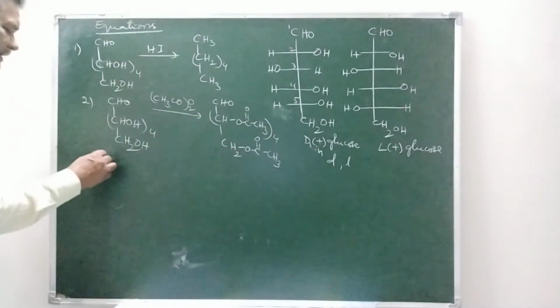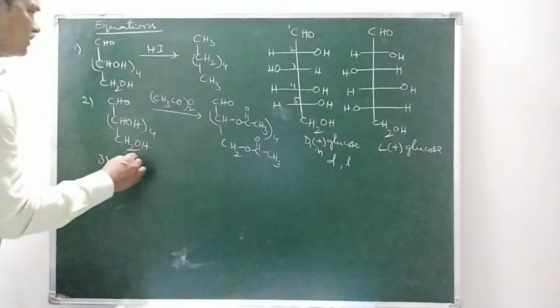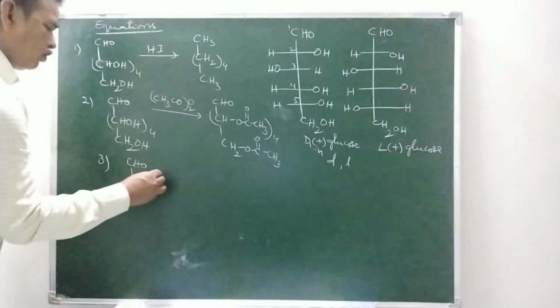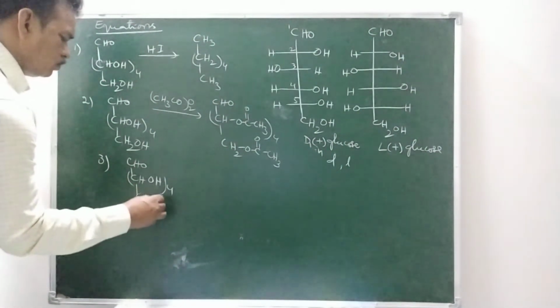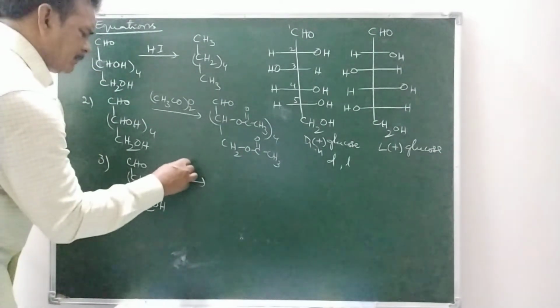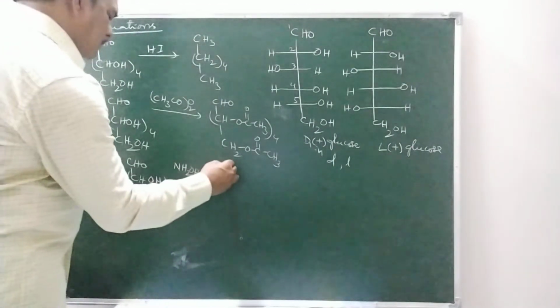When it is treated with NH2OH, hydroxylamine: CHO, CHOH 4 times, CH2OH. So an oxime is formed.